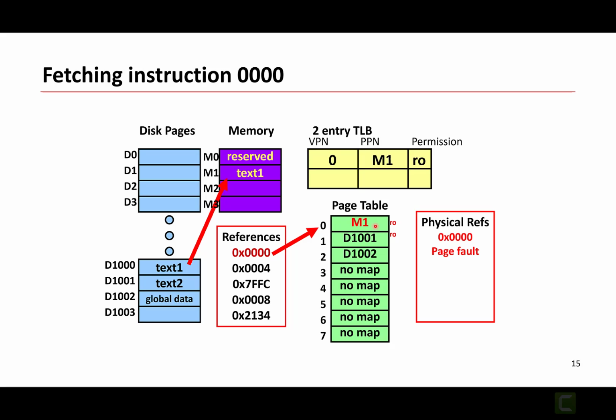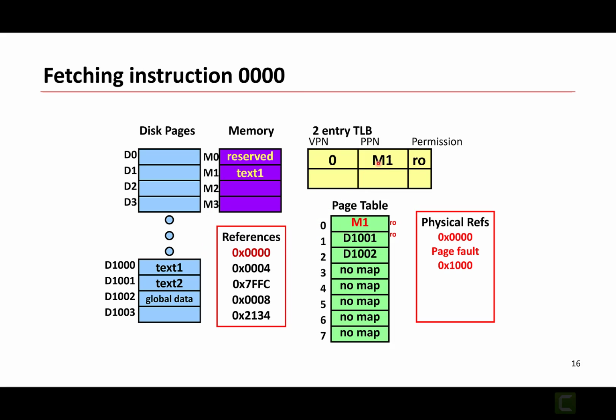So the operating system allocates a new page, M1, and then changes the page table entry to reflect that fact. And now I would also want to cache this in the TLB so that in the future, if I were to access the same page, I don't need to go through this TLB miss handler that would require me to access the page table in the main memory.